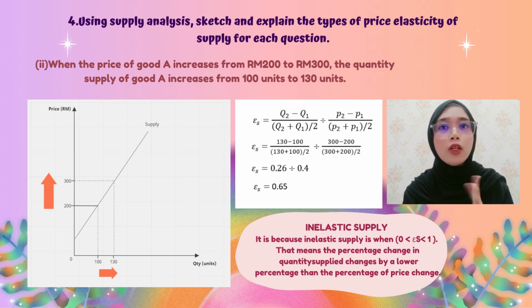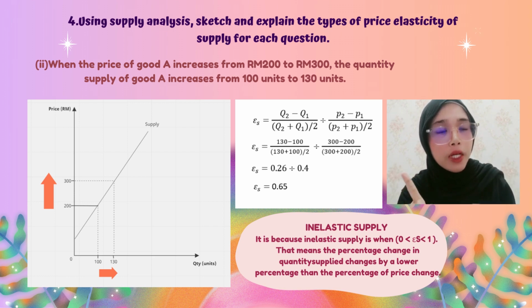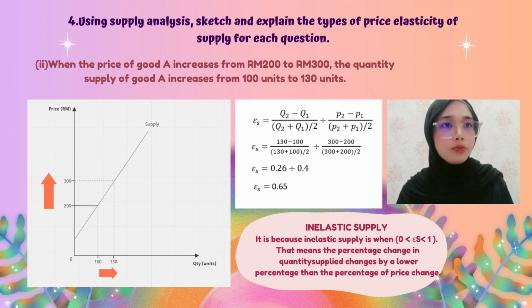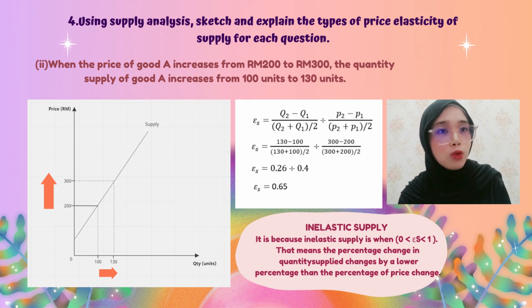So question 2 Roman, when the price of good A increases from 200 ringgit to 300 ringgit, the quantity supplied of good A increases from 100 units to 130 units. For this question also we need to calculate using the same formula as question 1 Roman. From the formula we need quantity Q1, which is 100 units, and Q2, 130 units.